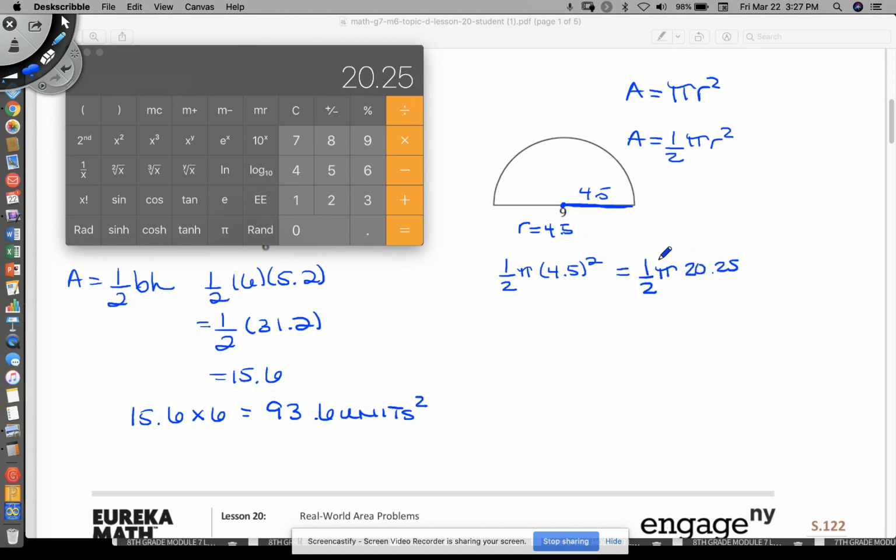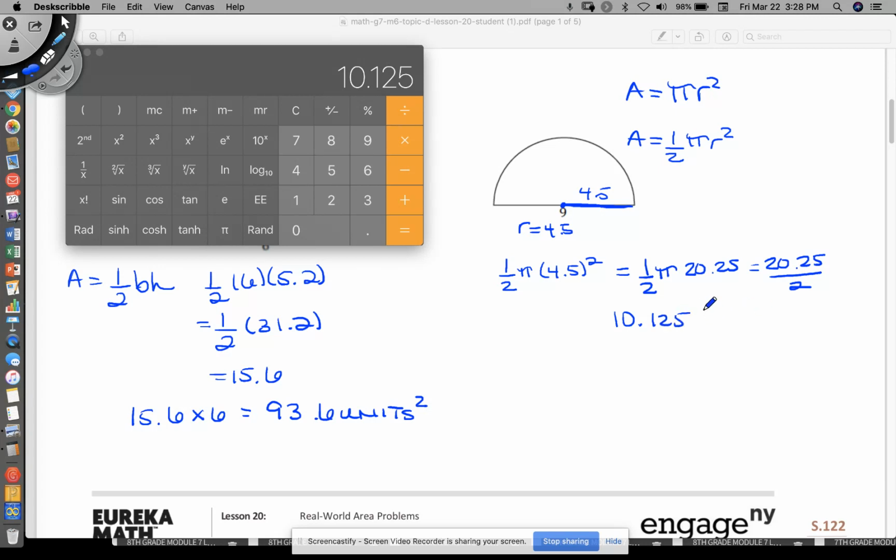20.25. Now before I deal with the pi, I'm going to go ahead and take care of this fraction and the 20.25. So I'm going to cut this in half to get rid of that fraction. I'm multiplying by a fraction, is just dividing by 2. So I'm going to come over here and divide this by 2. And I get 10.125.